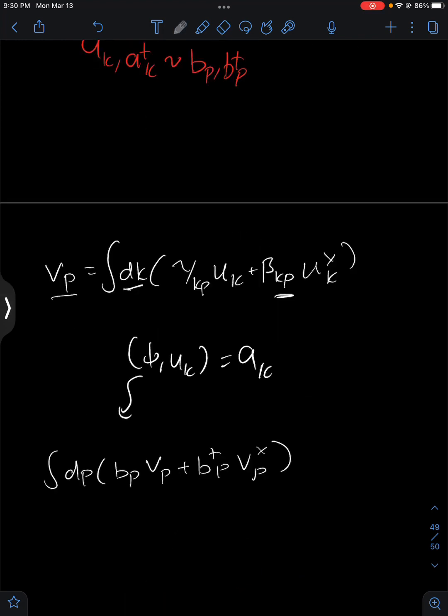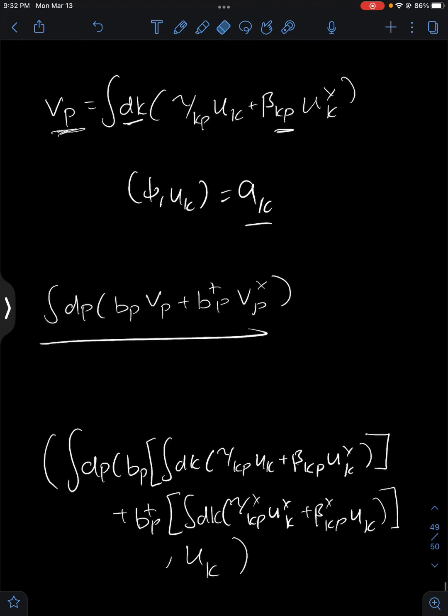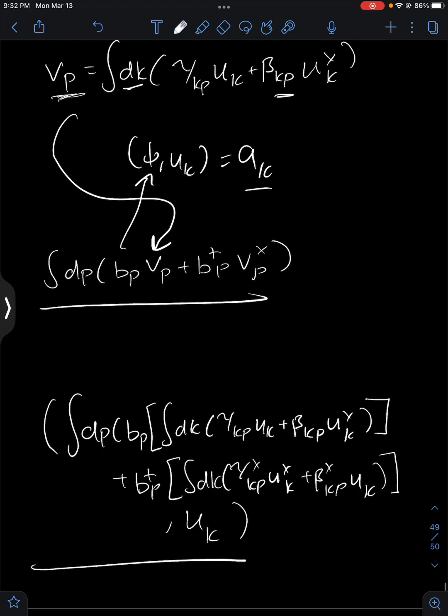So we can just plug in v expanded into phi, put it in this inner product, and that's going to be equal to a_k. So basically, we want to plug in this inside of this, and then this inside of this, and then take the inner product, and that's going to be equal to a_k.